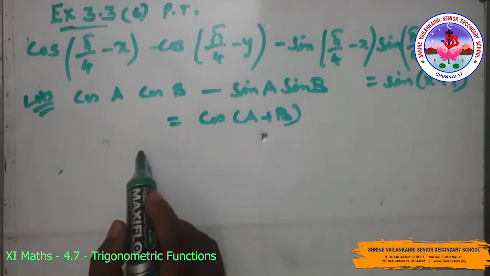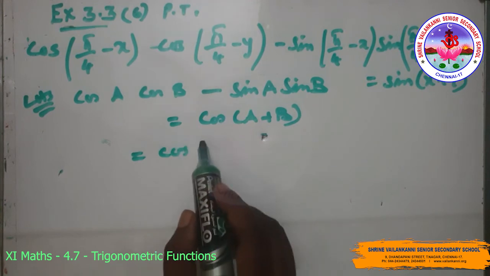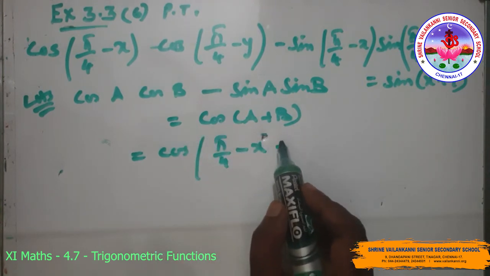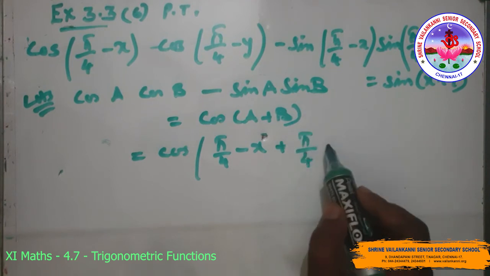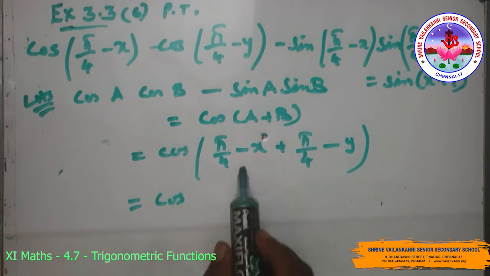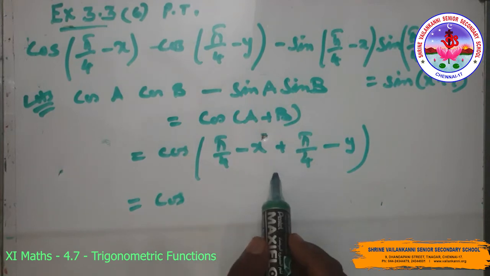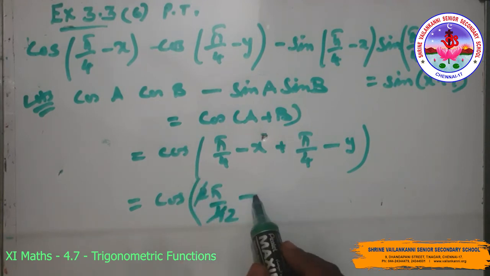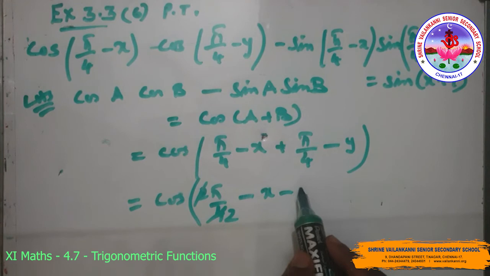So using this formula, writing this as cos of pi by 4 minus x plus pi by 4 minus y, which is equal to cos 2 pi by 4. So 2 pi by 4, cancelling 2 and 4, we get pi by 2 minus x minus y.